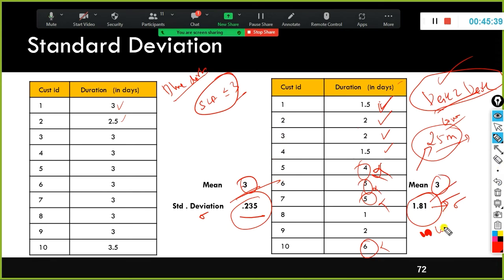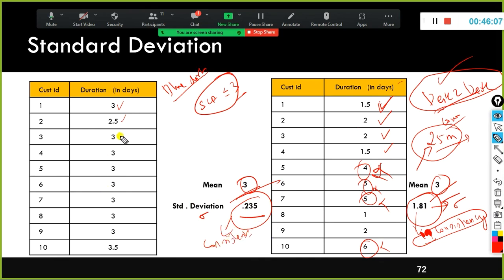They are not delivering consistently. There is an inconsistency in this data. Higher standard deviation tells us more inconsistency, whereas here the standard deviation is lesser compared to this one, hence it is consistent.